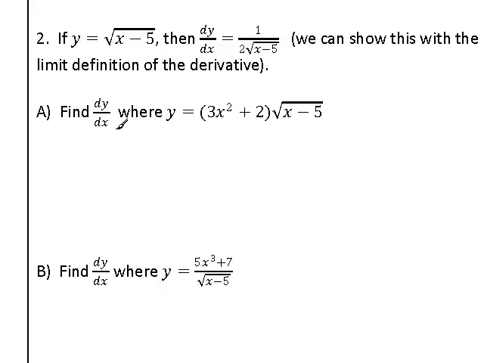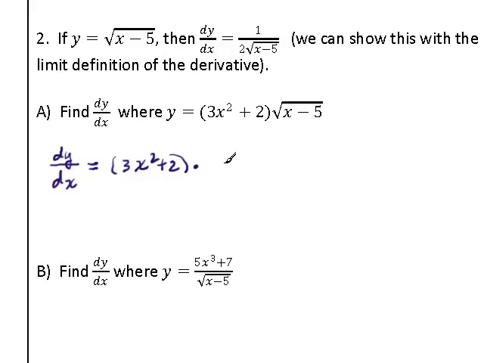So here we want to find dy dx, where y is equal to 3x squared plus 2 times the square root of x minus 5. All right, so dy dx, which is the same as y prime, is equal to the first times the derivative of the second.